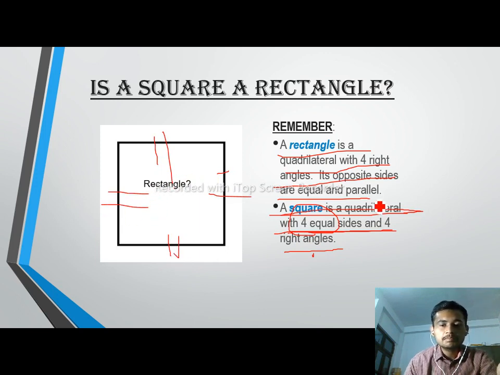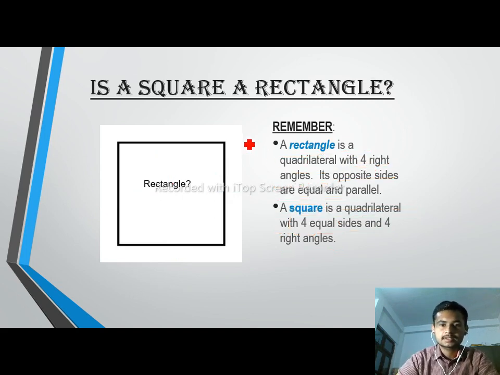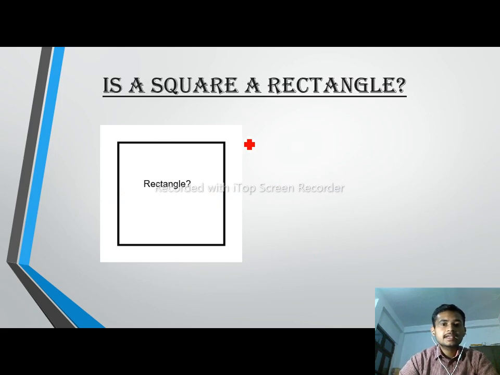But in a rectangle, the opposite sides are parallel and equal, not all 4 sides. A square has all 4 sides equal and parallel. Both are similar in that both shapes can have 4 right angles.